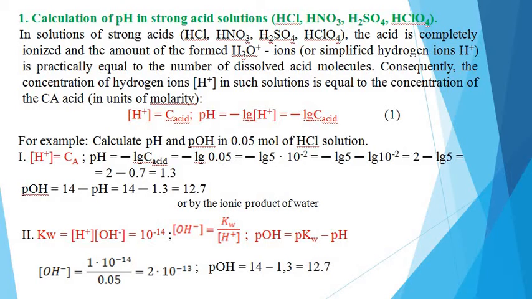Calculation of pH in strong acid solution. For example, for calculation of pH: hydrogen chloride, nitric acid, sulfuric acid, and other strong acids. In a solution of strong acids, the acid is completely ionized and the amount of formed hydroxonium ions, or simplified hydrogen ions, is practically equal to the number of dissolved acid molecules.